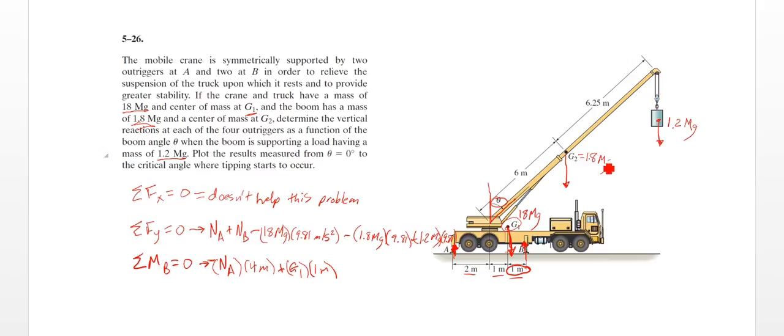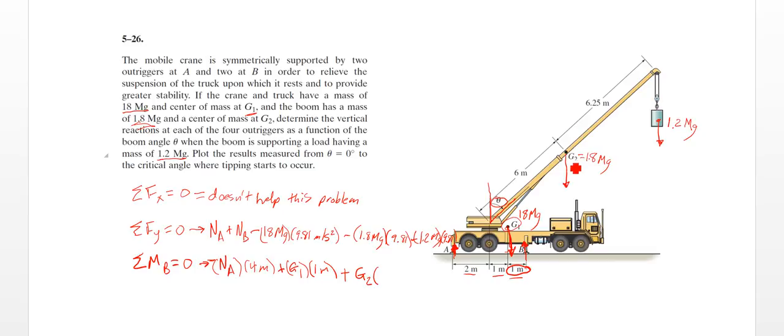So how are we going to account for that? Well, I'll write them as positive moments, and then we'll see how that works out. So we're going to have plus that force, I'm just going to call it G2, times its moment arm.